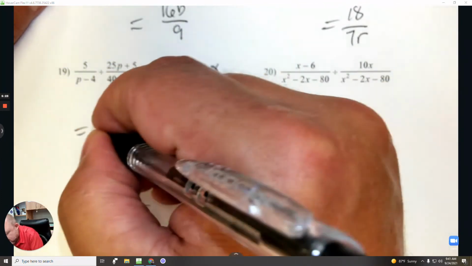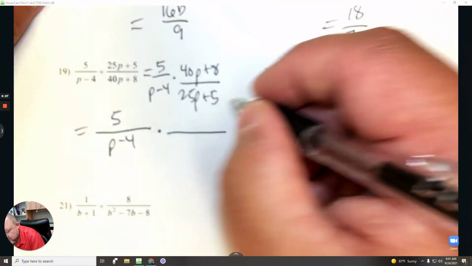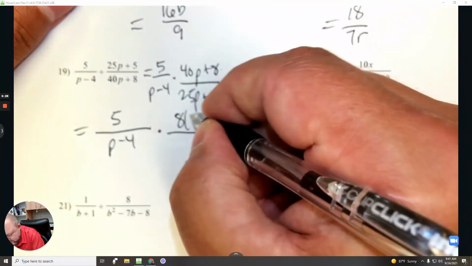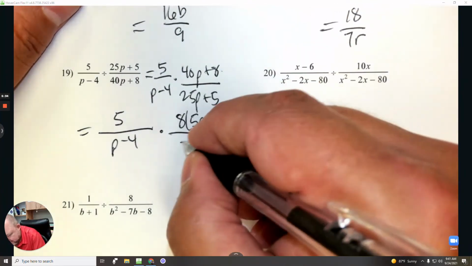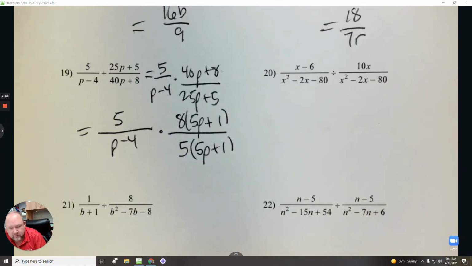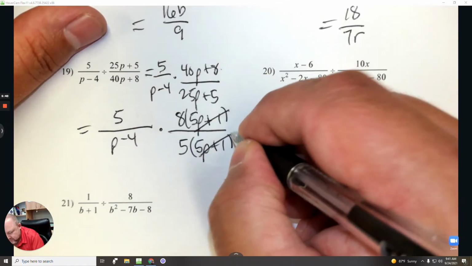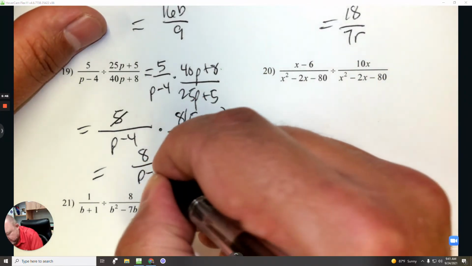And then we factor. So in this case, I'm going to factor out an 8. And I'm going to factor out a 5. And then once it's factored, we remove the common factors. And you're left with 8 over p subtract 4.